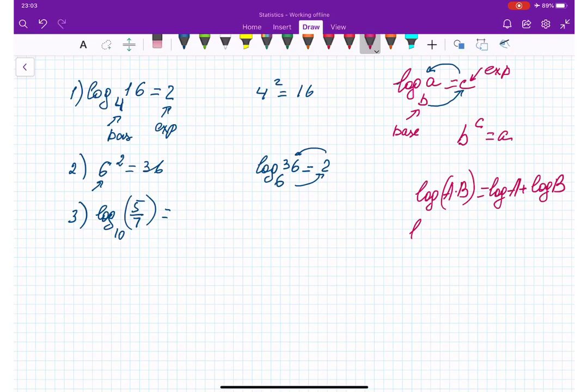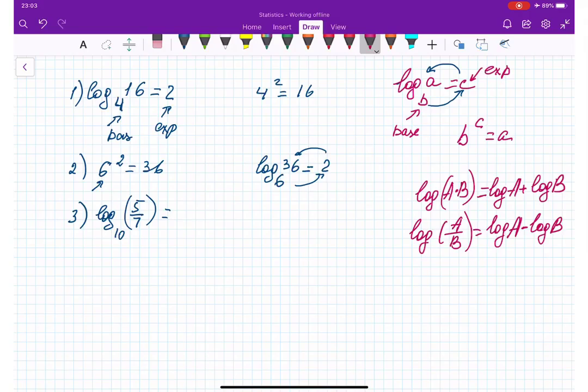If we have logarithm a over b, that is equal logarithm a minus logarithm b, which means a product of logarithms we can convert into a sum, and a division of logarithms we can convert into a subtraction of logarithms.